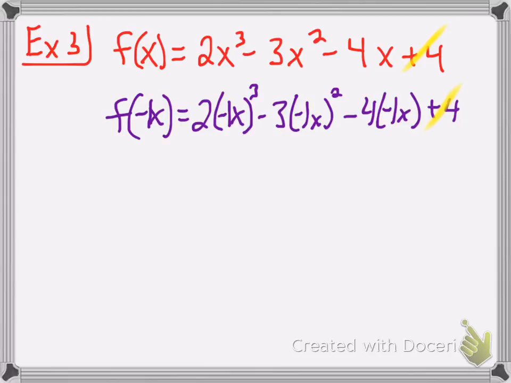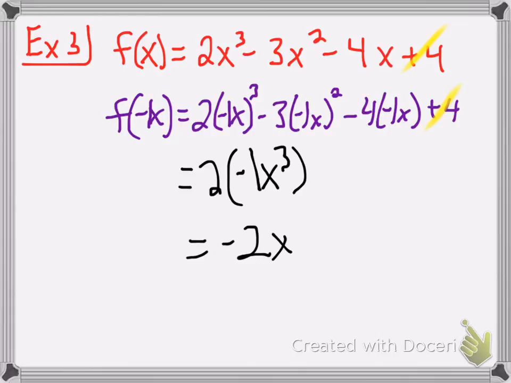If you look at this first term here, you might just have to work that first term out. And when I distribute, I get negative 2x to the third. Bub's hitting me right now, that's why my handwriting is sloppy.